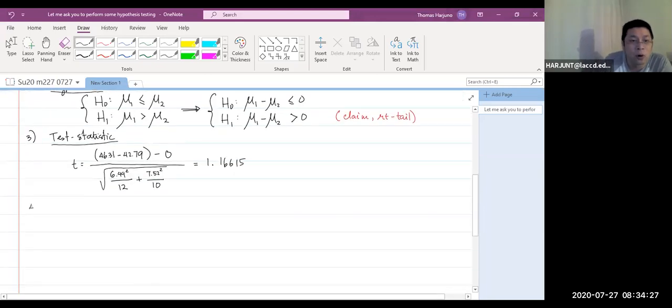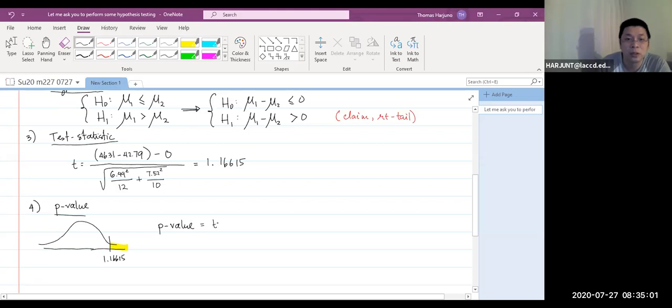And then step 4, the p-value. It's a right tail with degrees of freedom 11 and 9. Then I will use 9. So this is 1.16615. The p-value will be here. The p-value is tcdf of 1.16615.